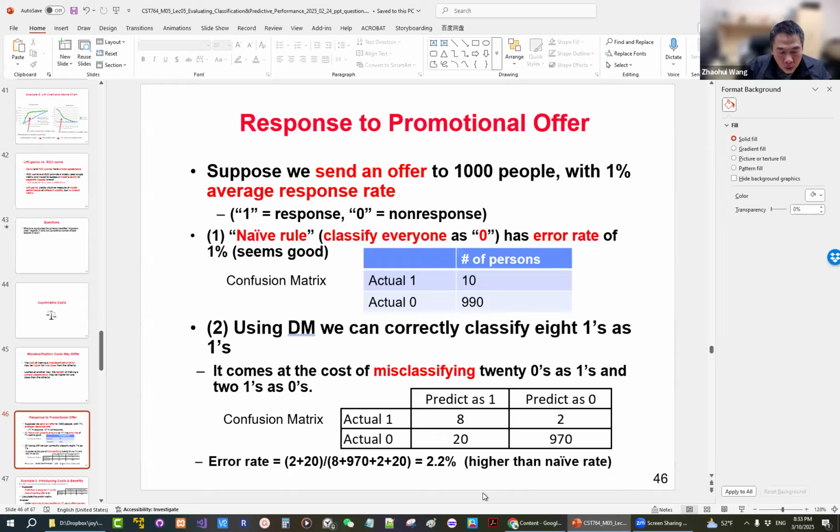Now we have 2.2% error rate. But the meaning is different.